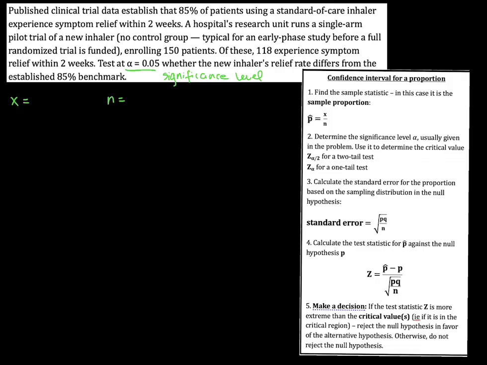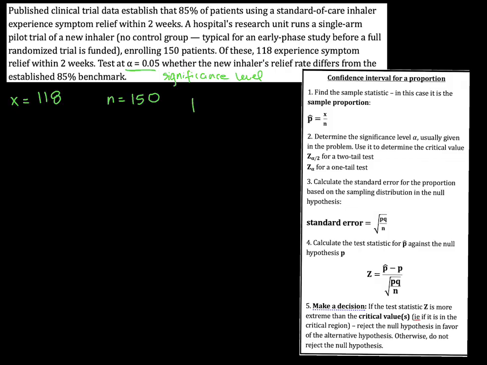So X, like in binomial distributions, is the number of successes. So in this case, the number of successes is 118 people did experience relief within 2 weeks, and that is out of 150 patients who were tracked.